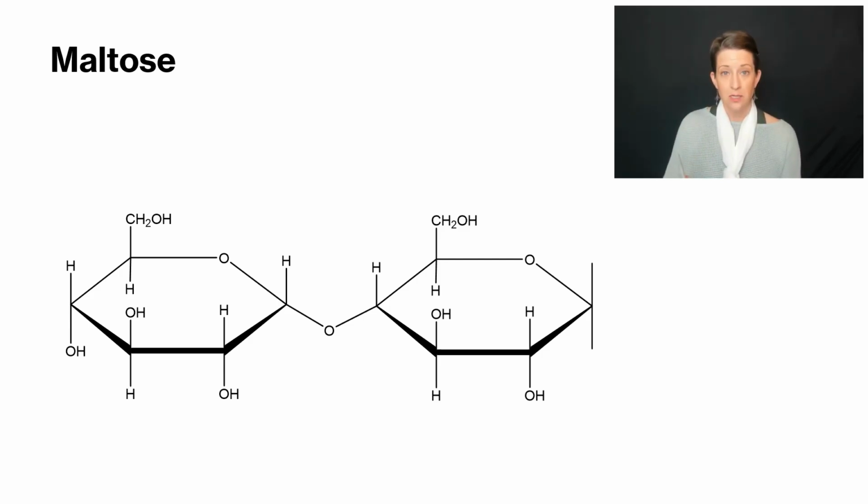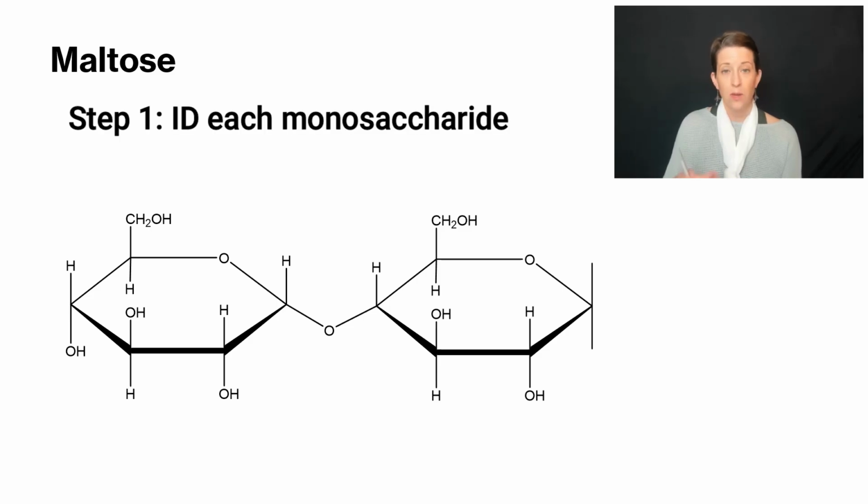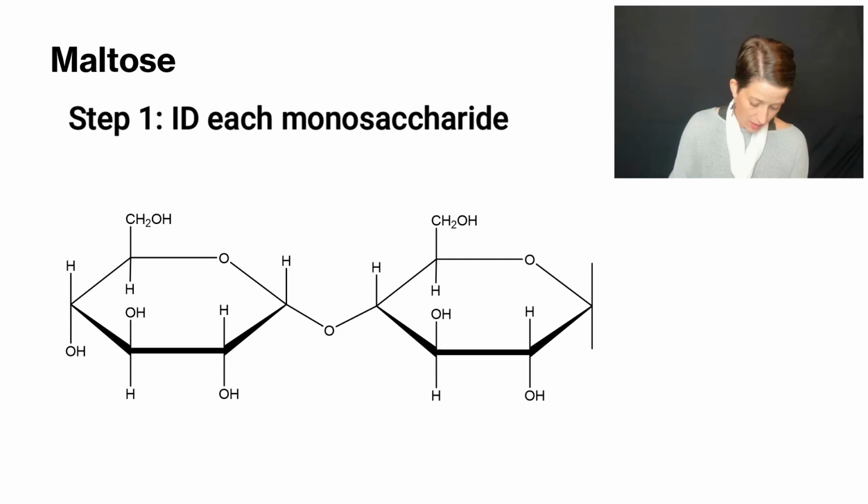What you need to know. First, we want to be able to identify the monosaccharides present. Here is a hint: all three disaccharides will have a glucose molecule. So it's the other monosaccharide you need to be able to identify. In maltose, if we look at carbon number 4, because both of these are aldohexoses, it could either be glucose or galactose.